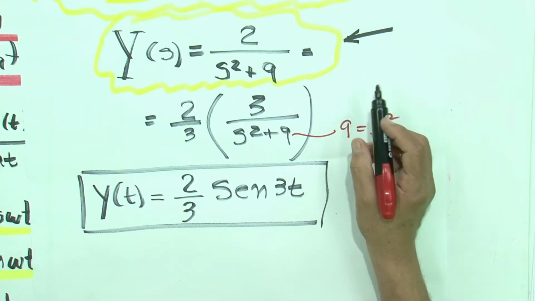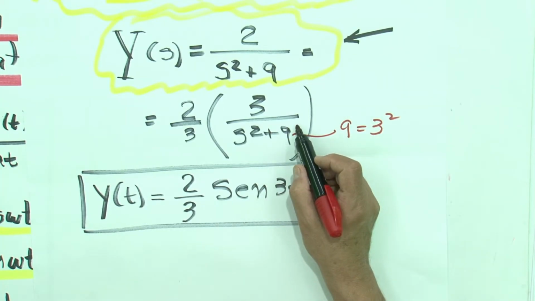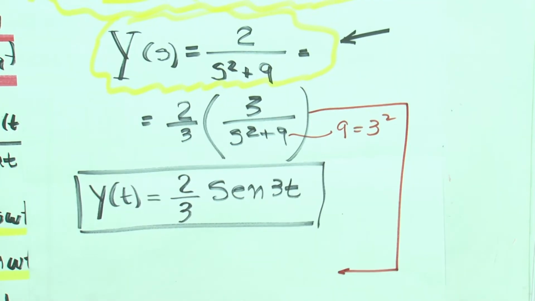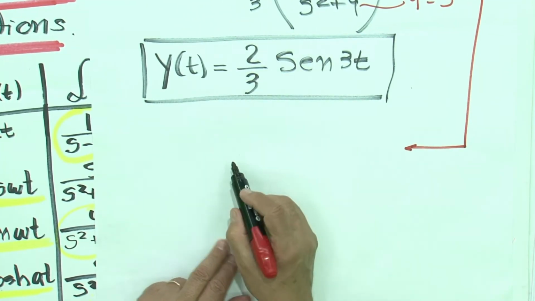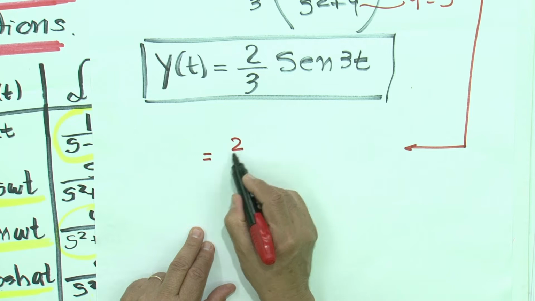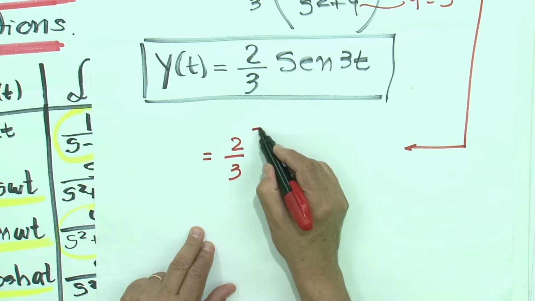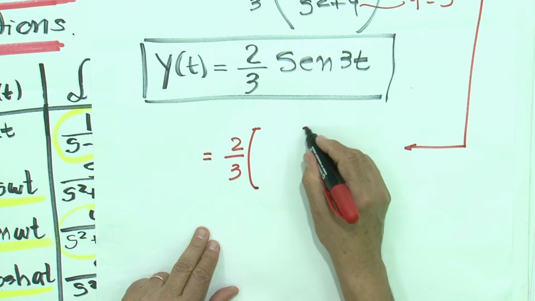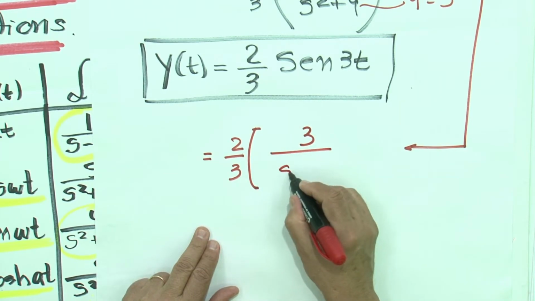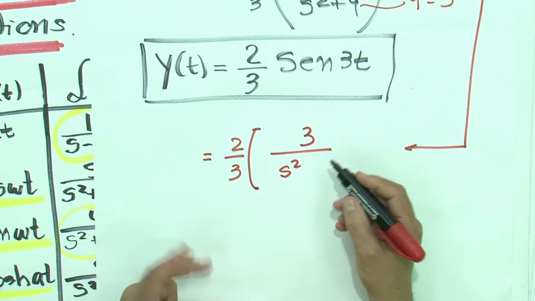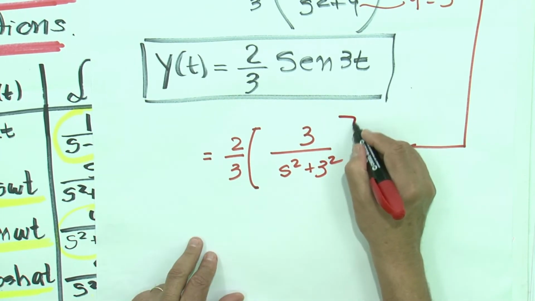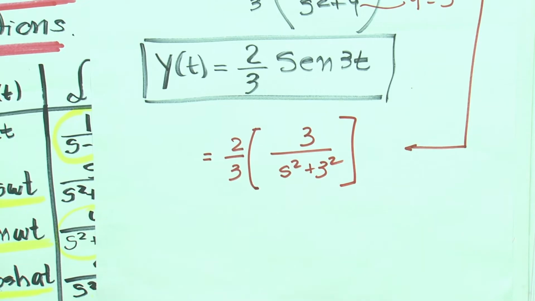If I want to re-express this, I'm going to write it here so we can see clearly. This is equal to 2/3 times 3 divided by s squared, which is the transform variable, so nothing I can do about it, plus 3 squared.